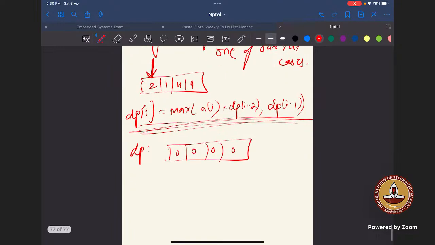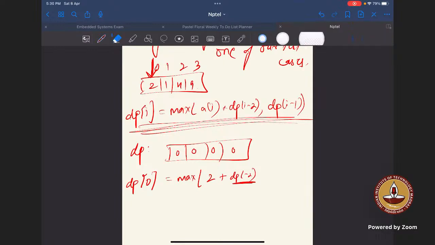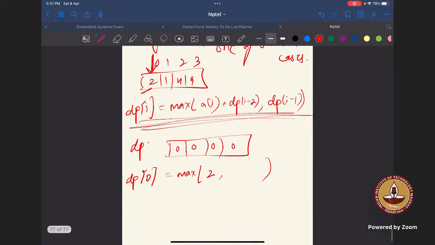Okay. So dp of 0, if we consider the 0 based index in 0, 1, 2, 3, dp of 0 will be max of, if I pick the 0th element which is 2 plus dp of minus 2. dp of minus 2 is not defined. Okay, so we'll not take that into account, comma, if we do not pick this element, so this will be dp of minus 1. Again, this will not be taken into account, so the answer is maximum of 2 comma 0, which is equal to 2.